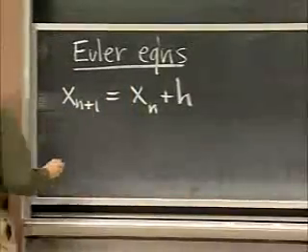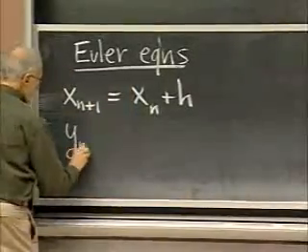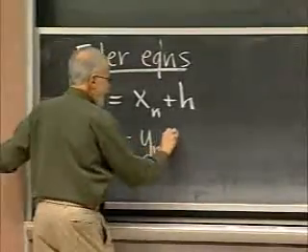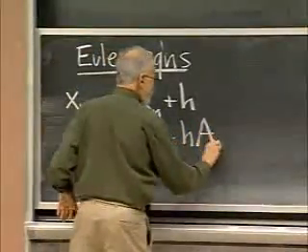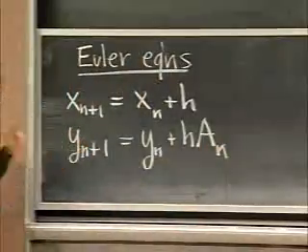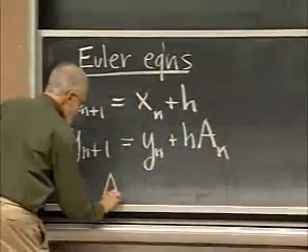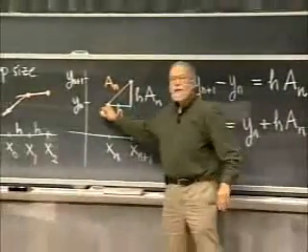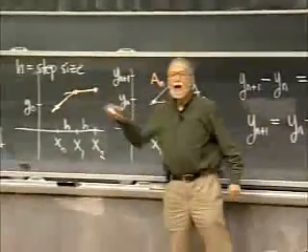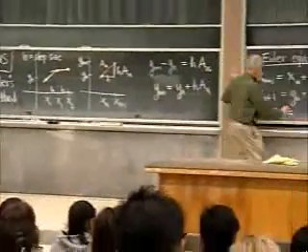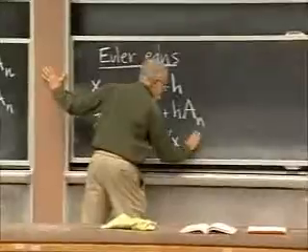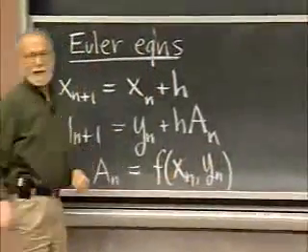The new y is just what I've written there: the old y plus h times a certain number an. And finally, an has the value, it's the slope of the line element here, and therefore, by definition, that's f of xn, yn. So it's these three equations which define Euler's method.